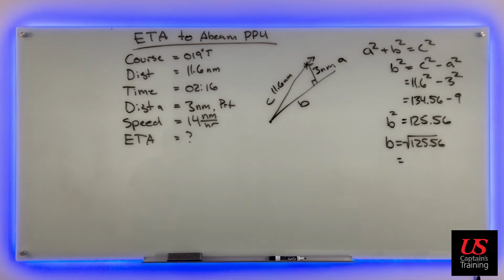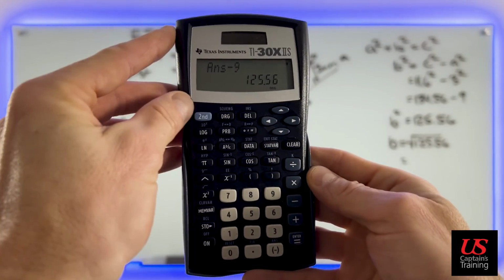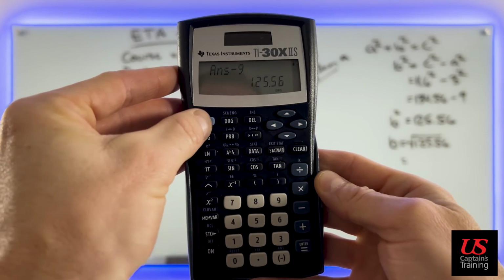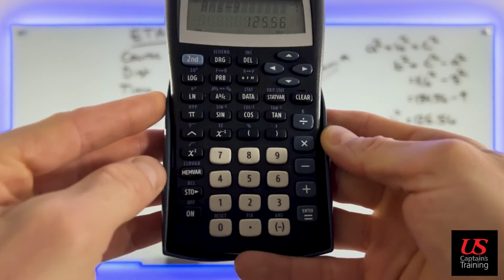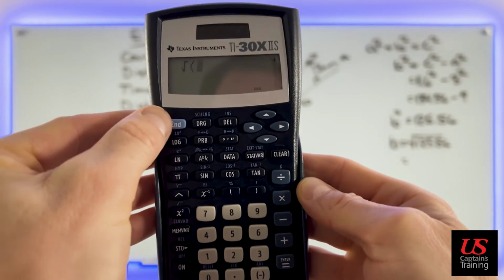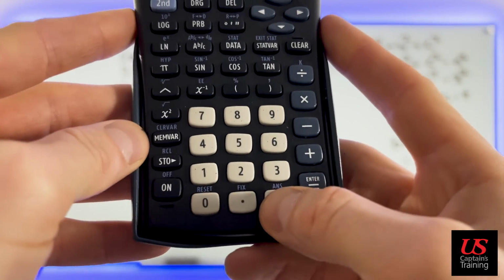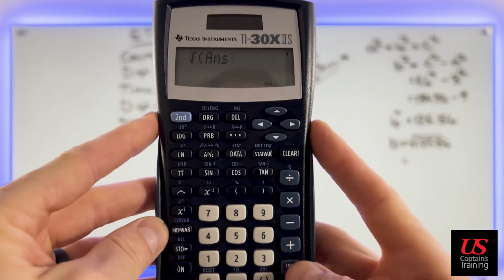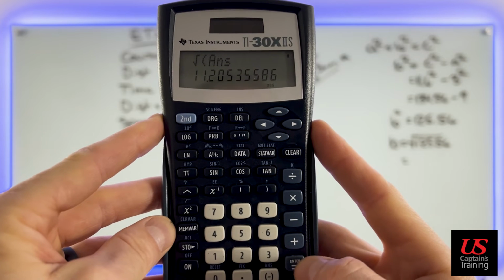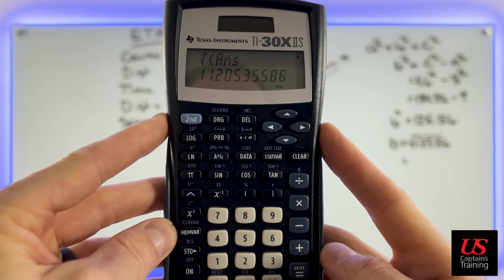Conveniently, it's already on our calculator. So here's a little trick. It's right there. That's our answer, right? So we say second square root, and then we could say second of the answer that was on our calculator just now equals 11.21.